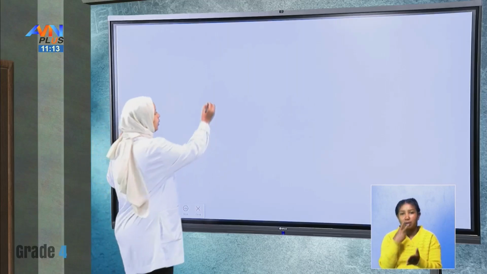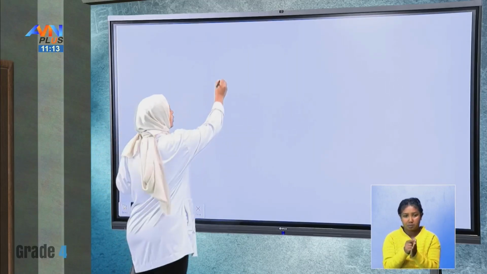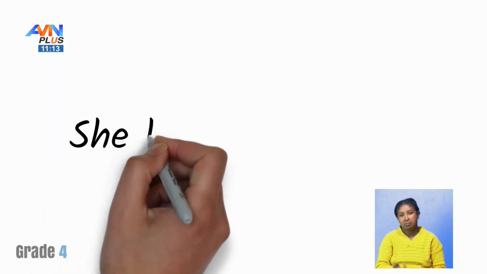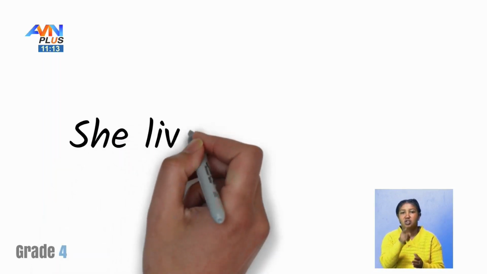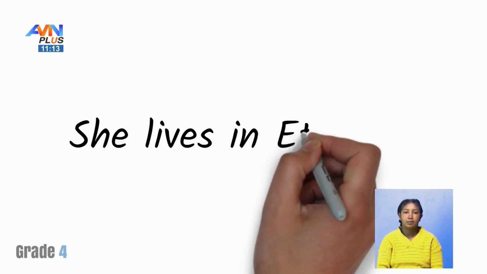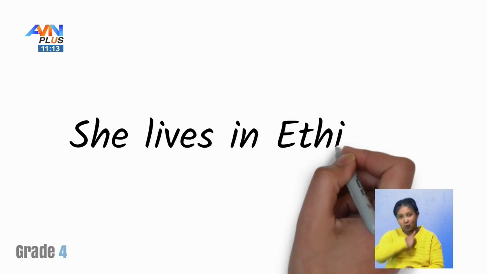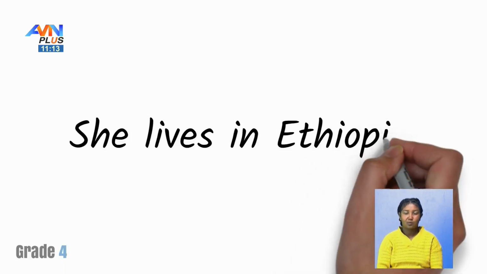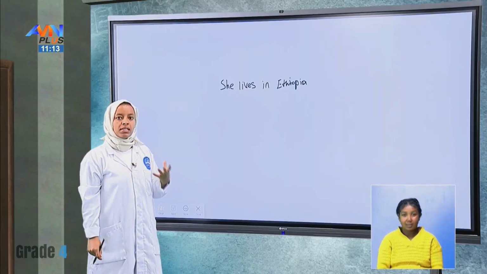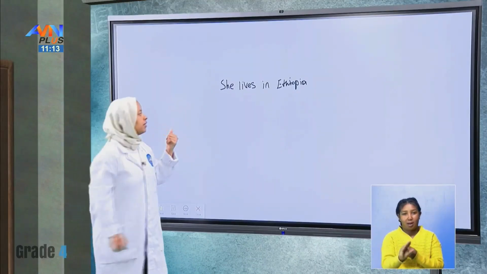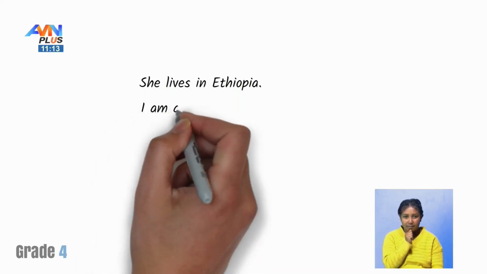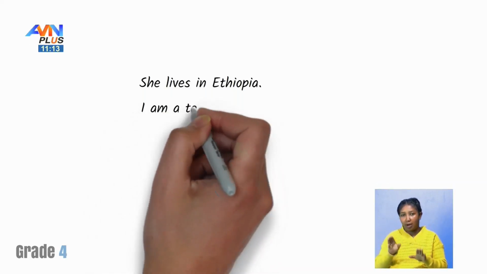For example, she lives in Ethiopia. This is state of being. For example, we can say even, I am, what am I? I'm a teacher. Bravo. I am a teacher.